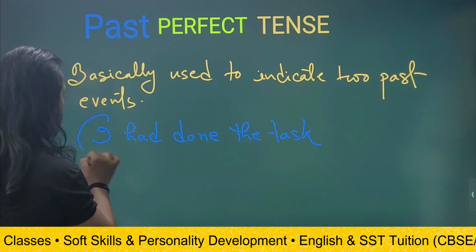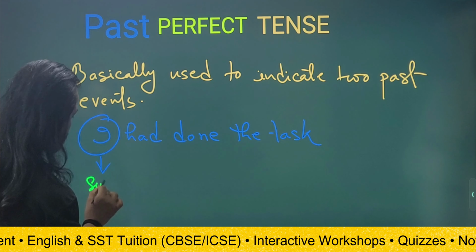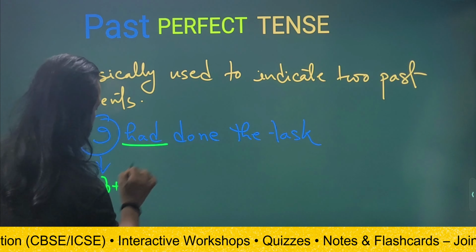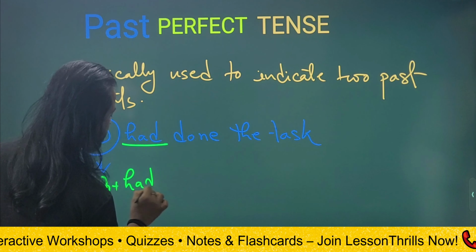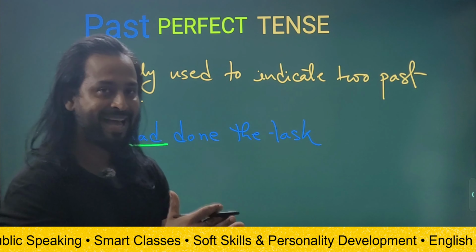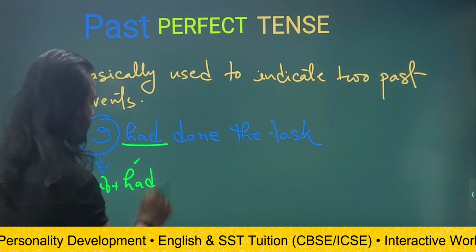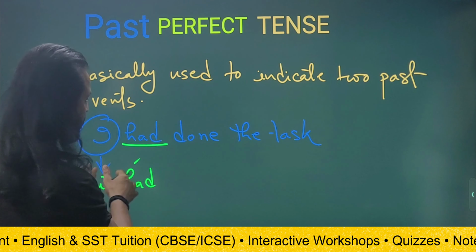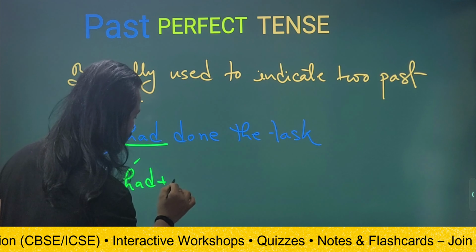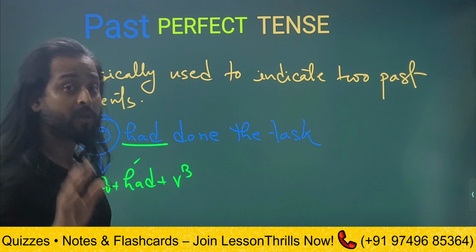Let's see the format. First of all, we write the subject. Then comes had. Now, let me tell you one thing. In past perfect tense, there is no confusion. Whether you have to write have or has, no confusion is there. Always you just have to write had. So, subject plus had plus V3, means past participle form of the verb.